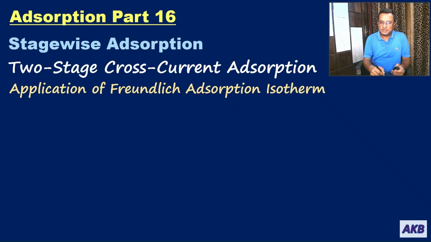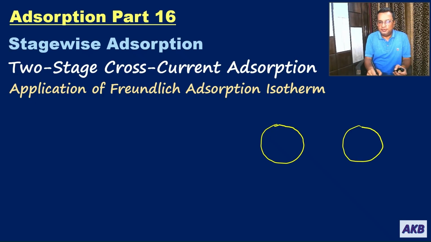So in this discussion, I will be deriving an equation which will help you get the intermediate concentration in the liquid phase. Let me just talk about it. You have two stages in a two-stage cross-current operation. You are admitting the feed solution to stage number 1. It is contacted with the adsorbent phase, which could be a fresh adsorbent or a recovered adsorbent phase.